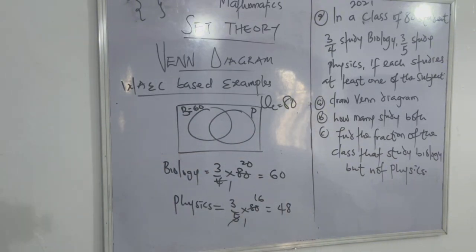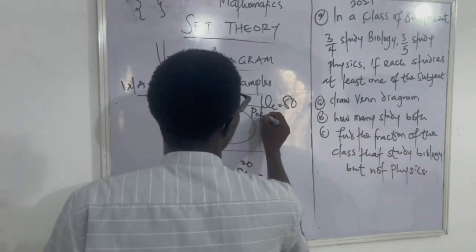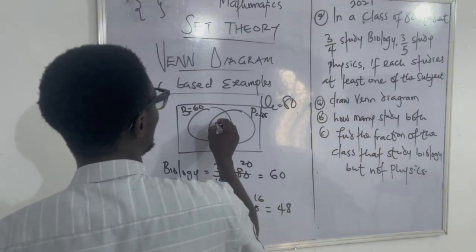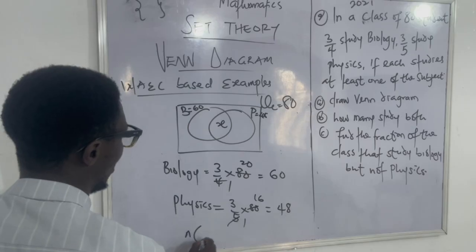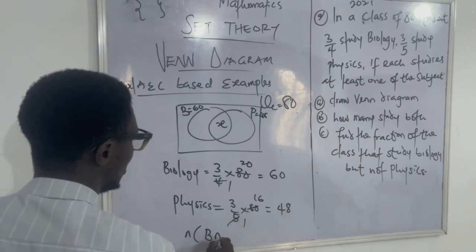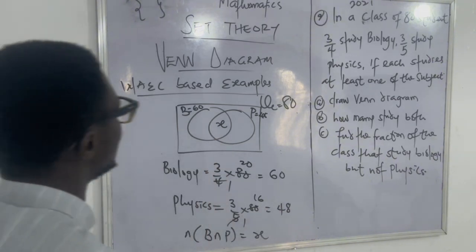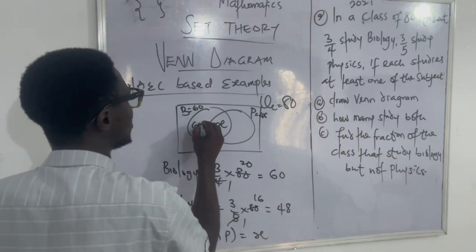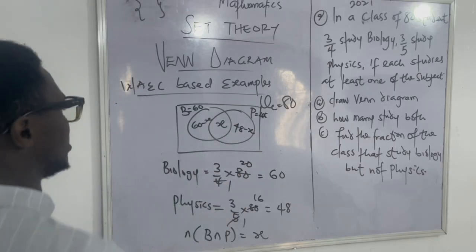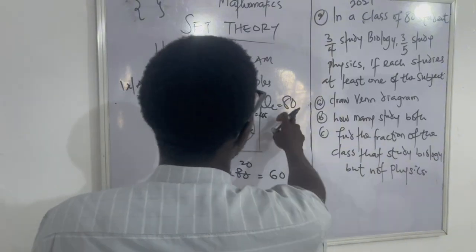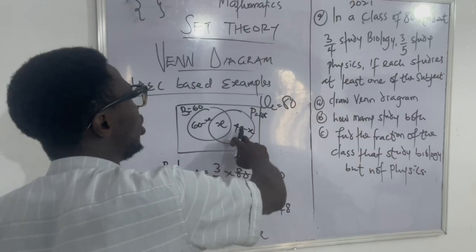Now, they said we should find how many students study both. Let's say the number who study both will be X. So biology intersection physics will be X. Here will be 60 minus X, that's only biology, and here 48 minus X, that's only physics.